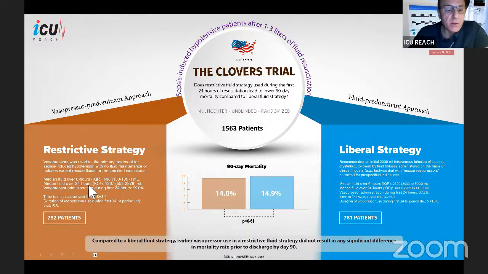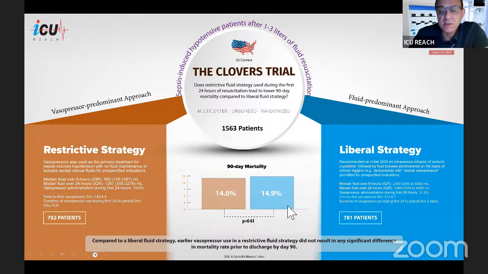Well, those patients, by the way, prior to randomization, they got on average 1 liter of fluid. So it was less than what is recommended by the Surviving Sepsis campaign. But they ended up having on average within the first 24 hours, the median fluid was around 1.2 liters. On the other side was 3.4 liters.